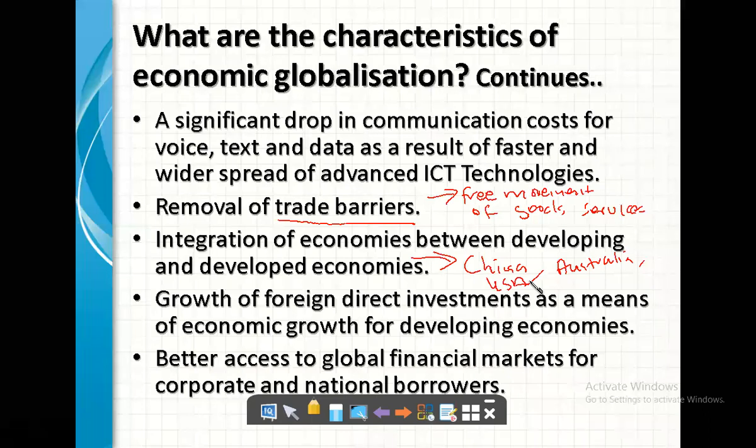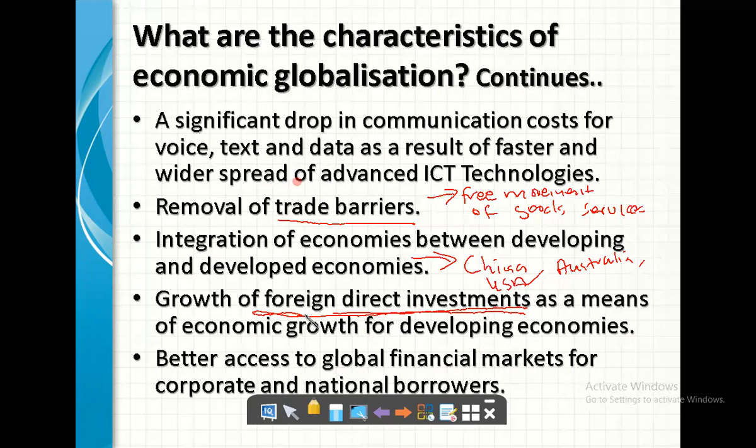The next one, growth of foreign direct investments as a means of economic growth for developing economies. So once again here we see foreign direct investments. If somebody here gives approval for a company in Australia or USA to come and invest, then they will have access to foreign direct investment.